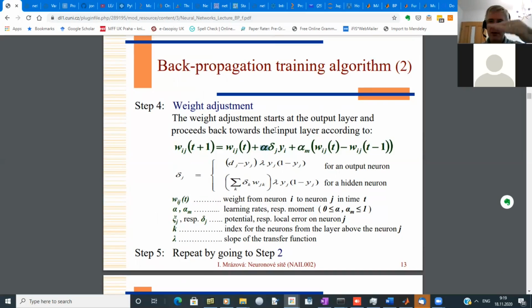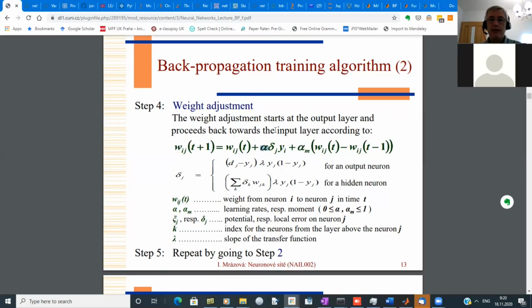We adjust weights in the whole network. Then we take the next training pattern, put it in the input, compute output, and adjust the weights backwards. This is repeated for the whole training set, and usually it must be repeated many times. Similarly as for the perceptron, we use these iterations during the training.